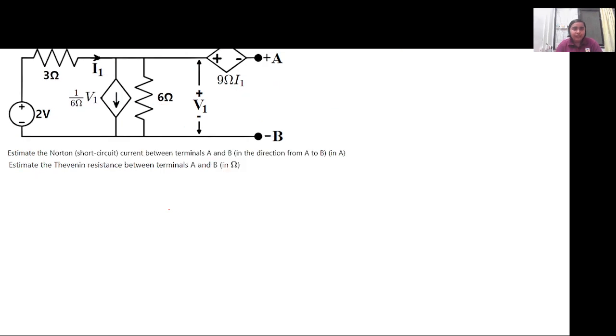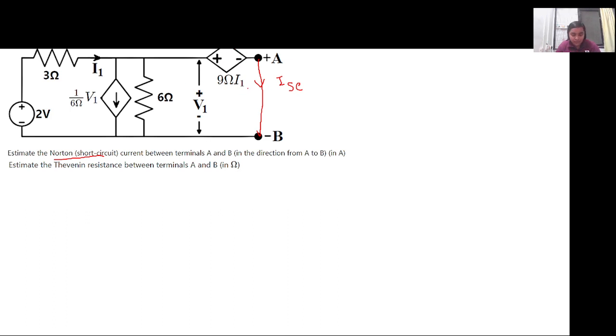Now we have to calculate Norton's short circuit current between terminal AB. In the question it is asked, if we short this terminal AB, what will be the value of this short circuit current? While calculating the short circuit current, we will have to again solve the circuit keeping the dependent voltage source as it is.